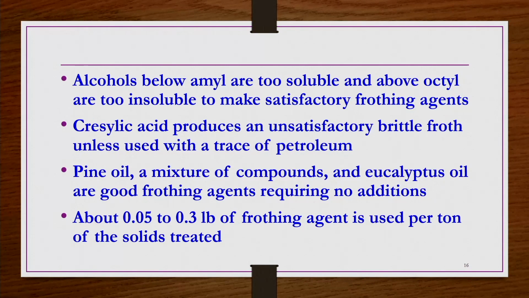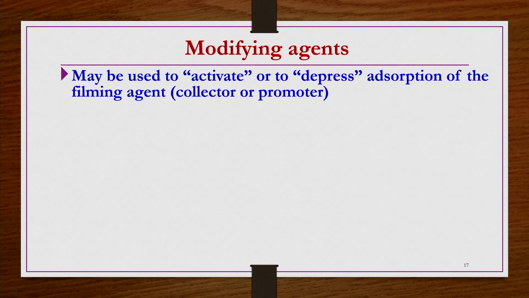These are all experimental observations that have been found by doing several experiments to improve this flotation process. Then there are modifying agents, which in general are used to activate or depress adsorption of the filming agent, collector or promoters, whatever the filming agent that we have provided. So, sometimes it is also required to remove them, or sometimes you want to enhance their activity also.